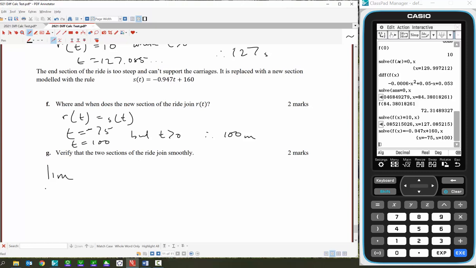So lim as t approaches 100 from the left. Now the left function is going to be r of t. Okay, and then we'll do the same limit as t approaches 100 from the right, but we'll test s of t. Okay, so let's go with diff again.